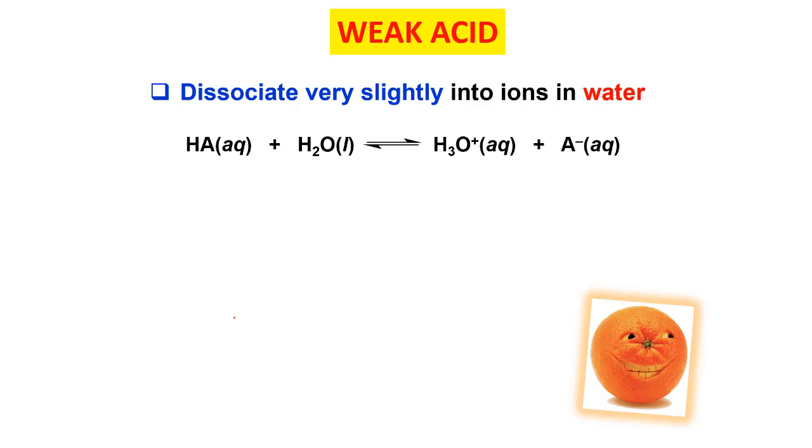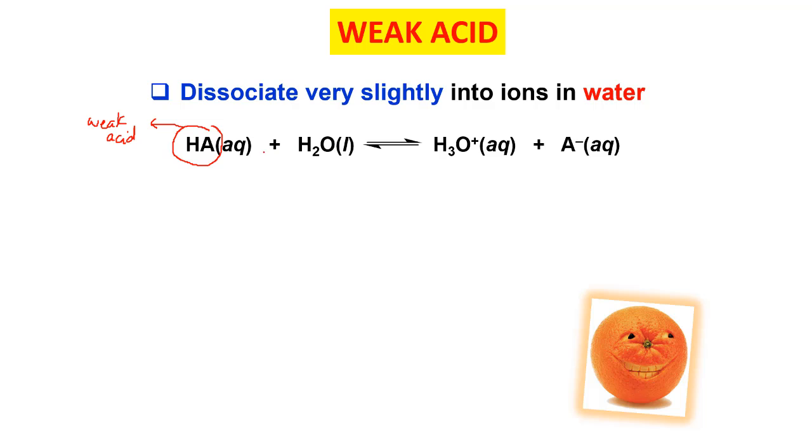Okay. Sebagai contoh, let's say HA ini adalah weak acid, aqueous. Katakanlah ini adalah weak acid. So, according to the definition of weak acid, kita tahu dia dissociate very slightly. So, dia still donate proton kepada water. Okay. And forms hydronium ion and A- ion.